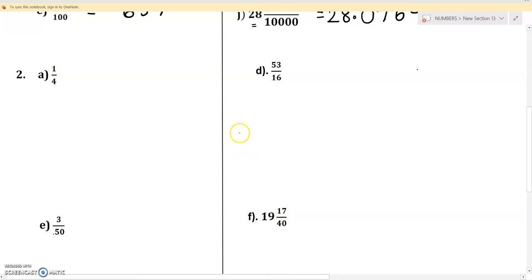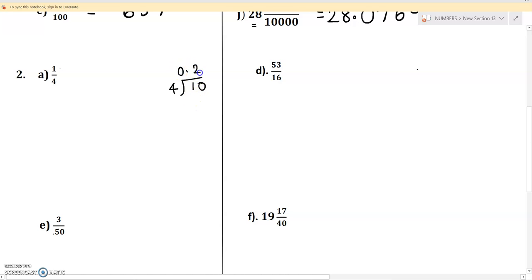In this type, we are going to divide the numerator by the denominator. Here the numerator is 1 and the denominator is 4. Now we are going to use the 4 table. As the dividend is less than the divisor, we are going to add 0 and place a dot.